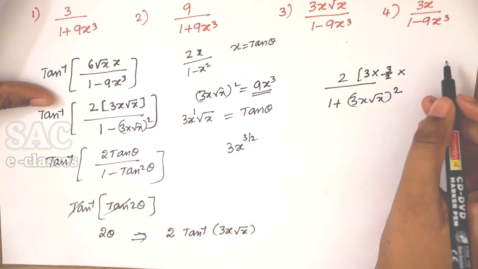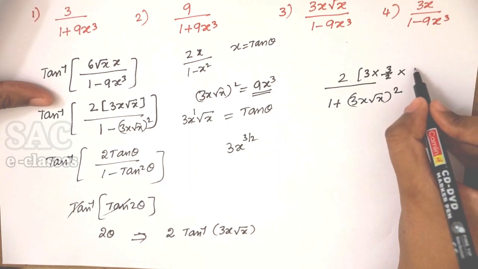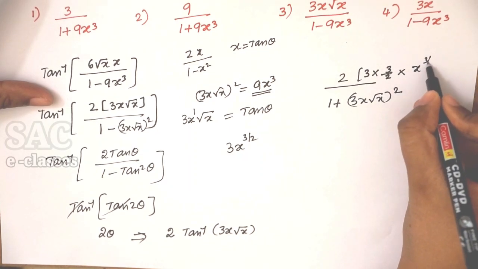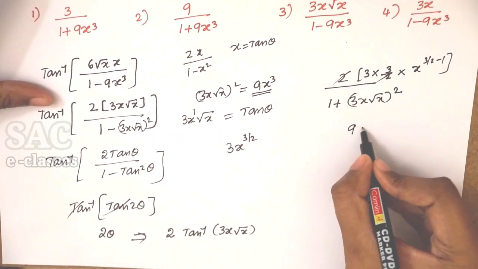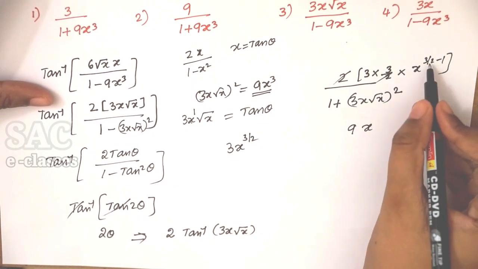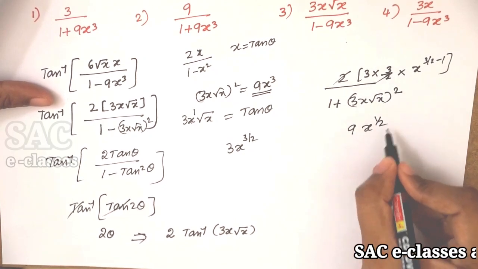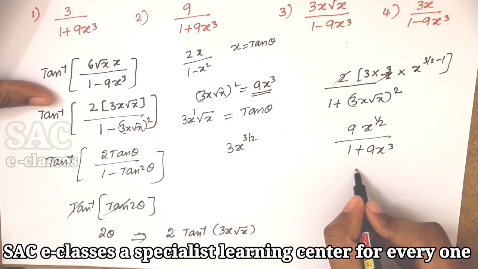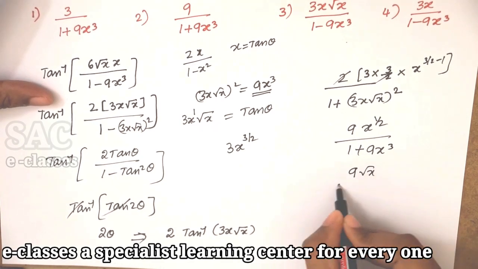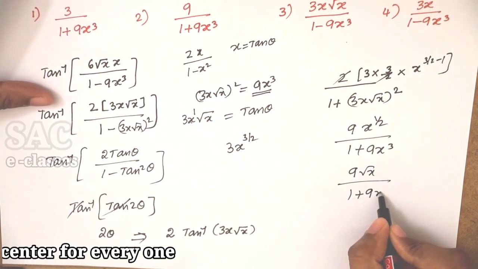So 3 into 3 by 2 into x power 3 by 2 minus 1. 2 gets cancelled. 9 into x power 1 by 2 by 1 plus 9x cube. So 9 root x by 1 plus 9x cube.